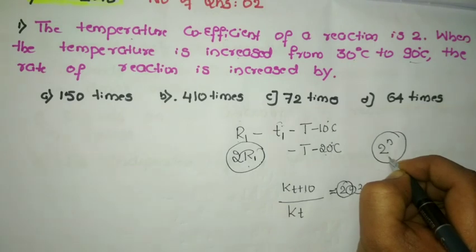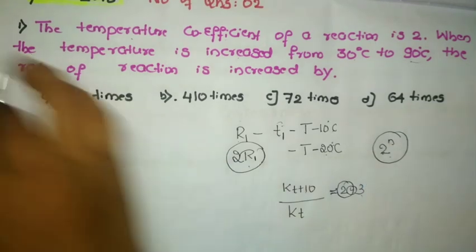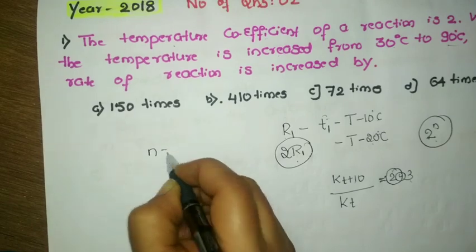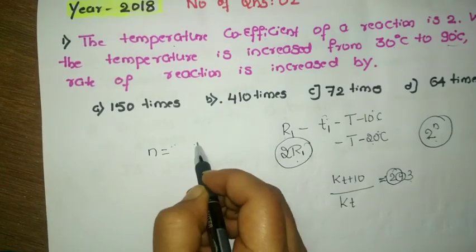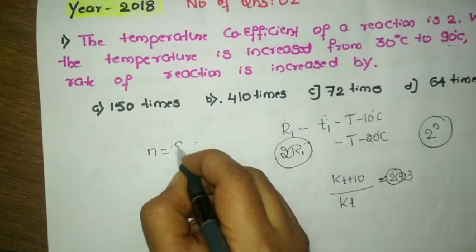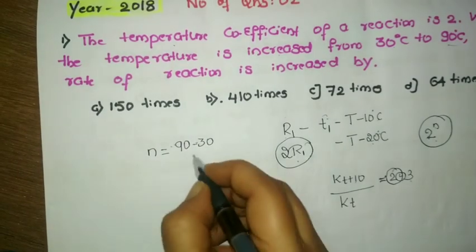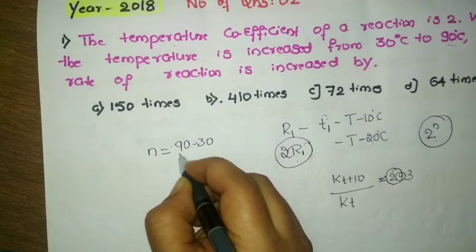What do you mean by this? 2 is the temperature coefficient of the reaction. n means how many times the temperature is rising, so n is the difference in temperature, 90 degrees minus 30 degrees.